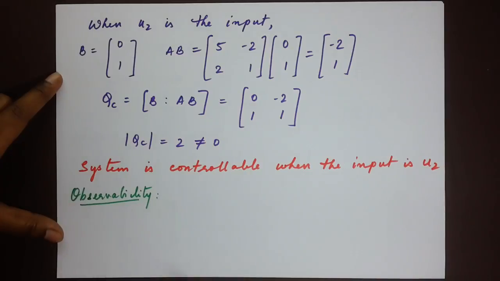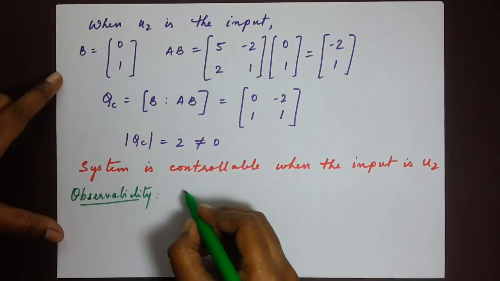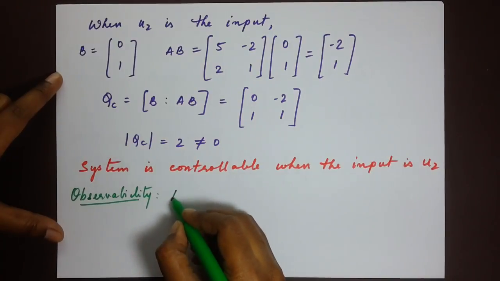A system is said to be observable at a certain time t0 if the system is at a certain state, say x of t0. So I think I'll write it down and then we'll talk about it.